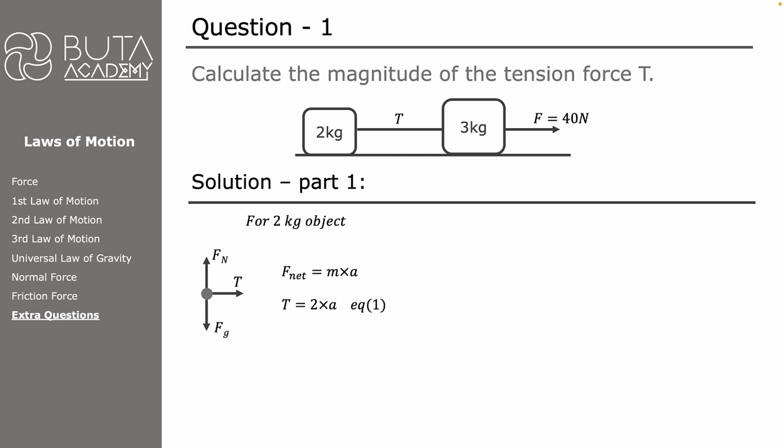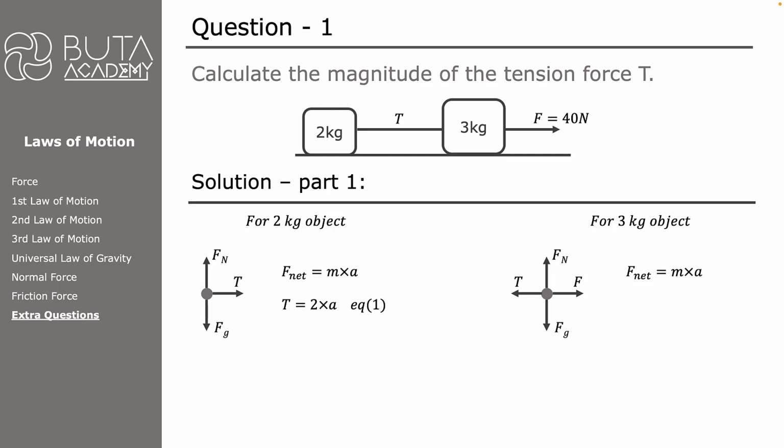Now we repeat the same steps for the 3 kg object. Forces applied on this object are the force of gravity acting downwards, the normal force acting upwards, the applied force to the right, and finally the tension force acting to the left. Again, we write the second law of motion as F net is equal to mass times acceleration.